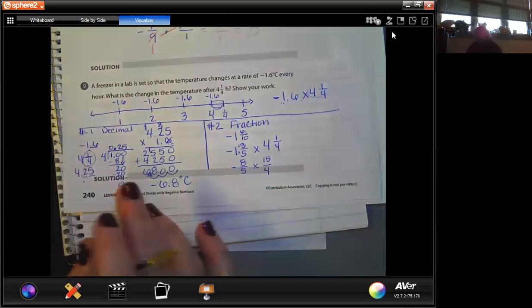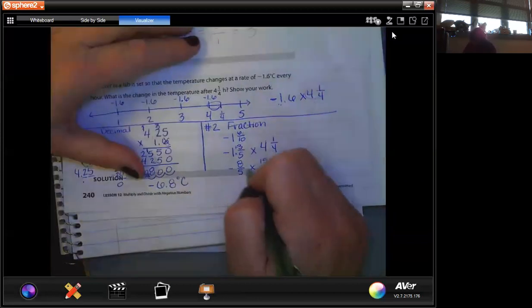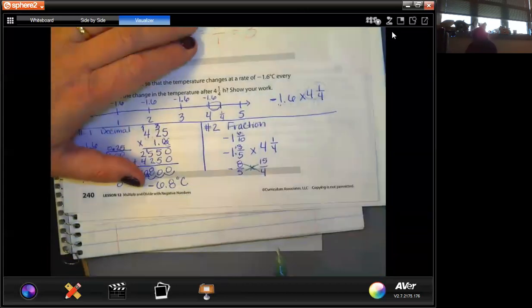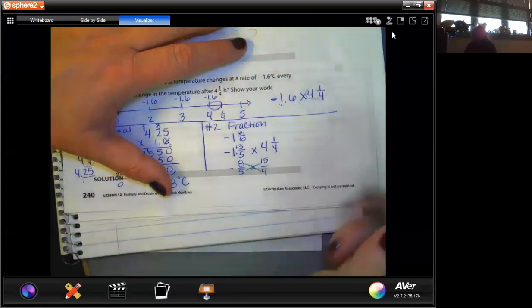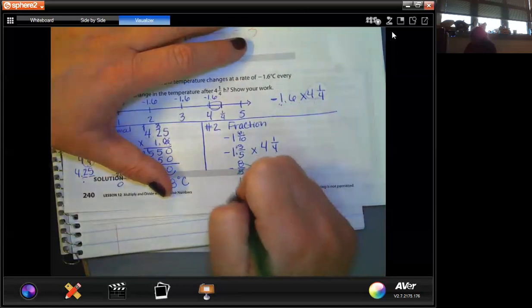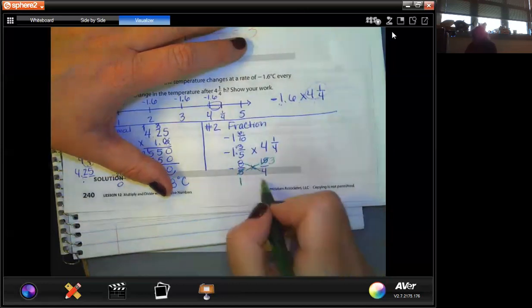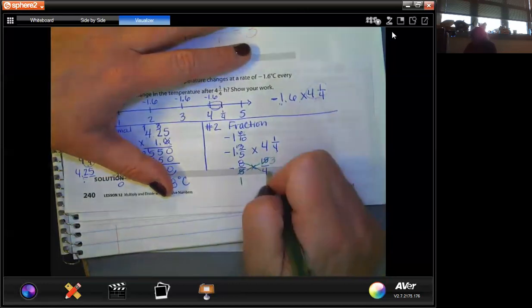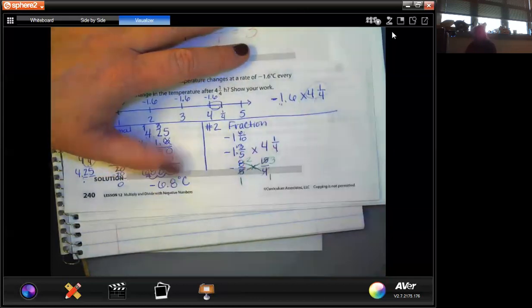Now, again, you can multiply that out, but I highly recommend that you cross simplify. 5 and 15. 5 goes into both of those. 5 goes into 5 once. 5 goes into 15 3 times. 4 and 8. 4 goes into both of those. 4 goes into 4 once. 4 goes into 8 twice. And now I have it.